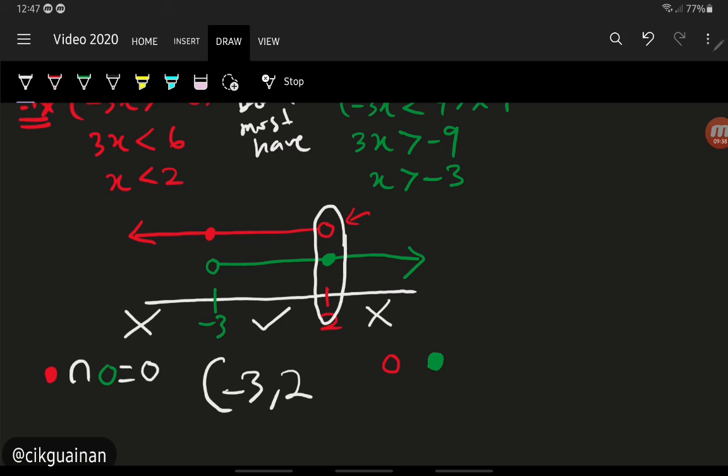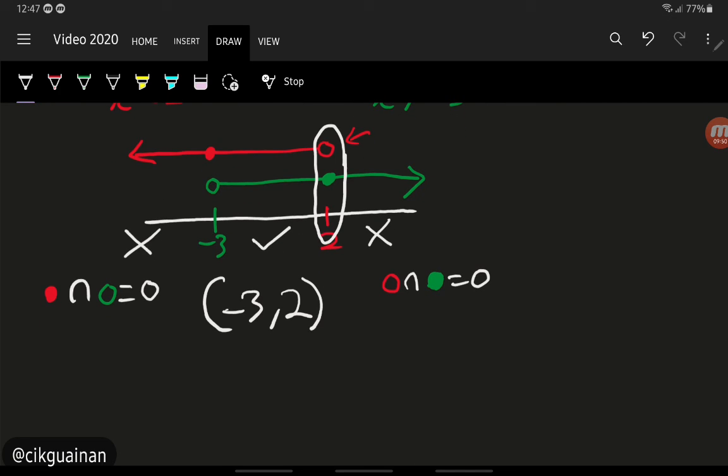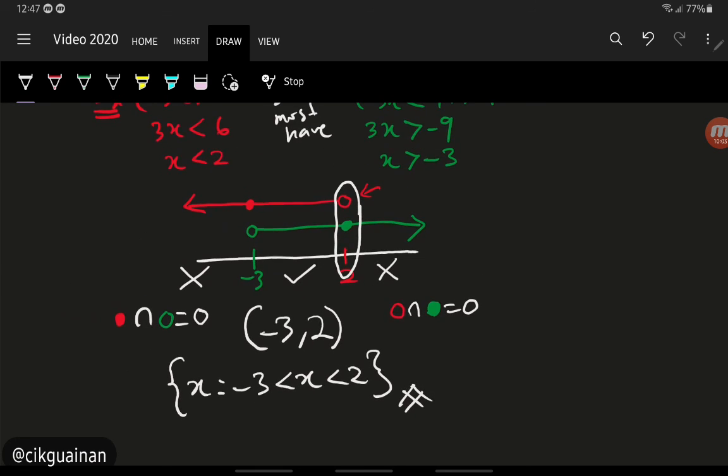So the empty circle of the red intersect with the dense circle of the green one equals the same thing, which is an empty circle. So it means 2 is not included in the answer as well. Okay, so this is the answer in interval form. So the solution set is x, whereby minus 3 is not included and 2 is not included. So this is the answer for both of the forms.